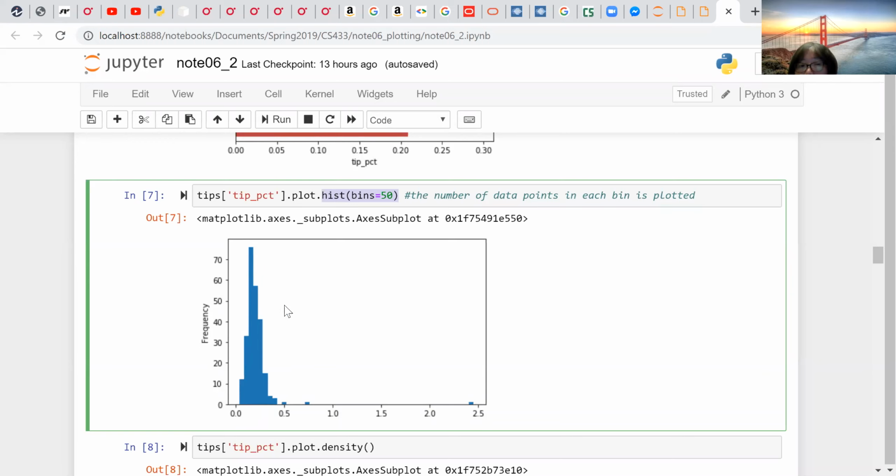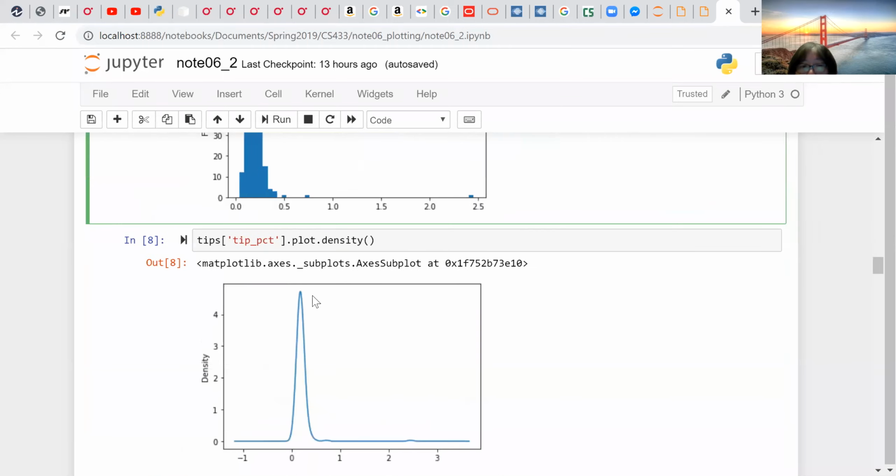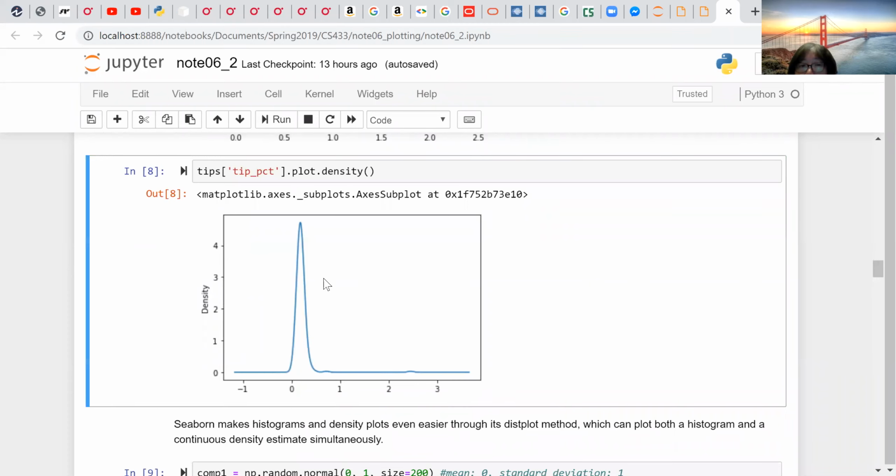Basically, this histogram gives us the percentage distribution for each frequency range. The next one is also regular pandas data frame plotting, and this gives you the density plot. It shows the density distribution, so it also shows the tip percentage distribution. So this is a regular one.